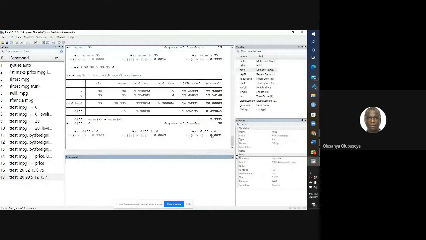And good enough, there is evidence, it's obvious that certainly the mean of the first one is greater than the mean of the second one, and that the difference is actually positive. So this is the conclusion for this evening. Sorry for the little extra time that we have used.